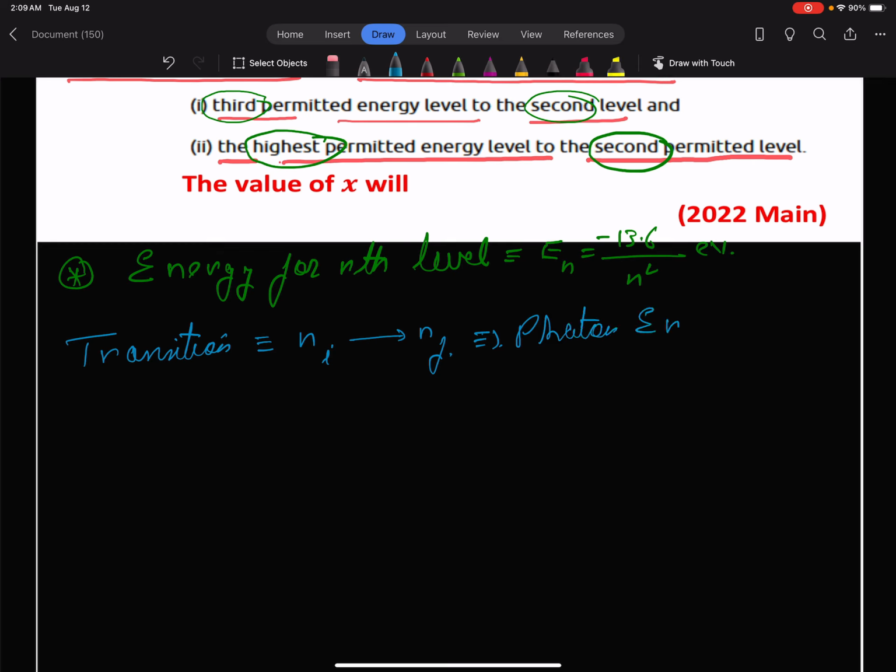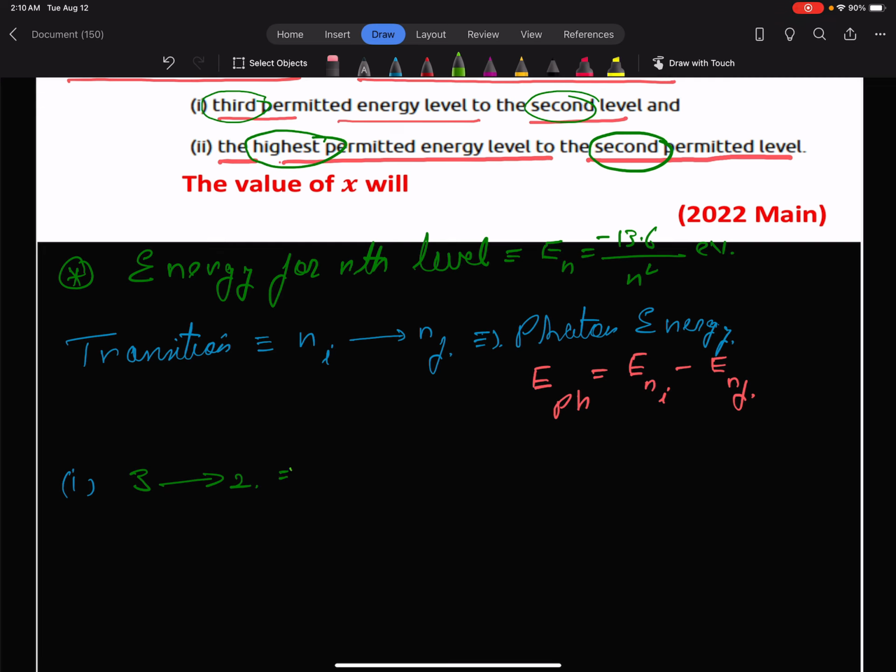We can write a formula that our photon energy E photon will be equal to energy at our initial level minus energy at our final level. So we have two transitions. So in the first case, it is given that the transition is from third to second.